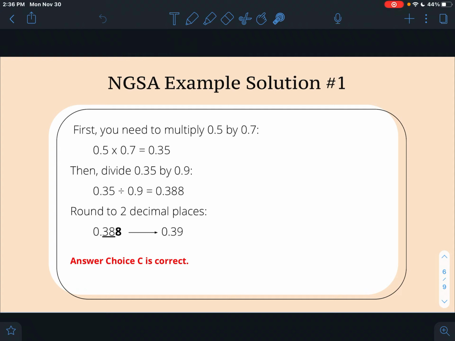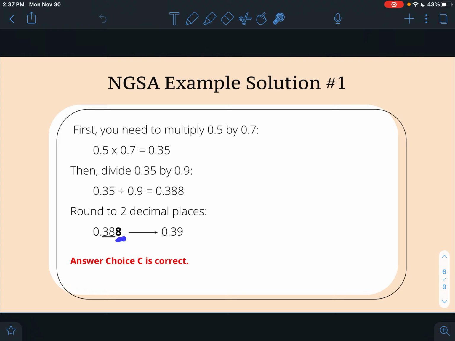First, you need to multiply 0.5 by 0.7, and by doing so, you get 0.35. Then divide 0.35 by 0.9, which equals 0.388. It asks you to round to 2 decimal places, which means that they want 2 digits after the decimal point. So the rounding digit is 8.